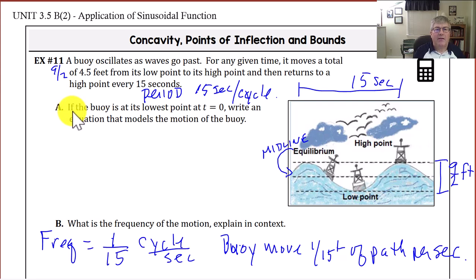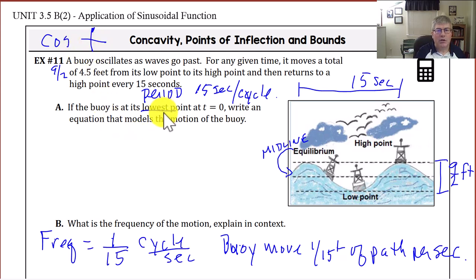Question A says, if the buoy is at its lowest point at t equals 0, write an equation that models the motion of the buoy. The key here is it's at its lowest point, or its minimum value, at t equals 0. Well, a cosine curve is at its maximum value at t equals 0, and a sine curve is at the midline.